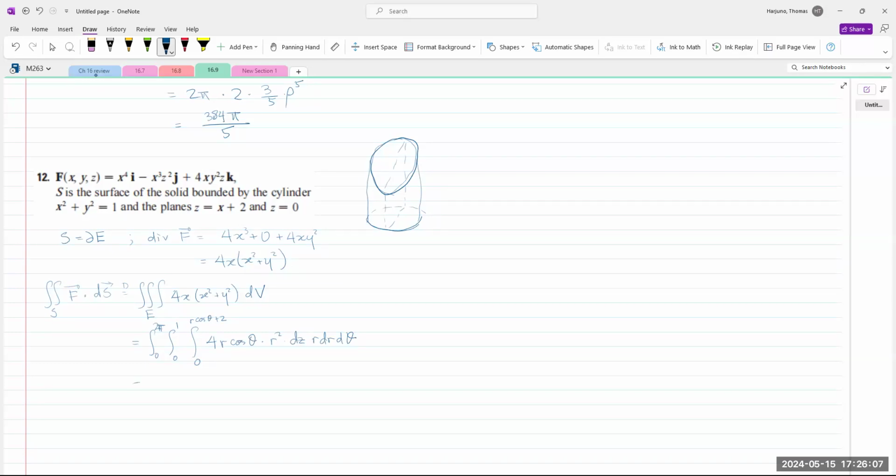Okay, that's the integral from 0 to 2 pi, the integral from 0 to 1 of 4r to the 4th cosine theta (r cosine theta plus 2) dr d theta.